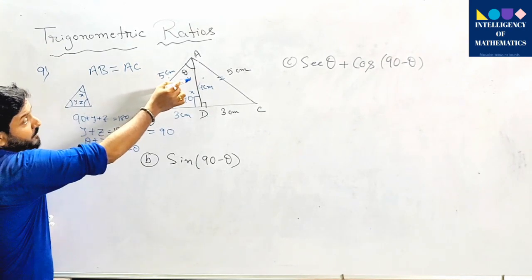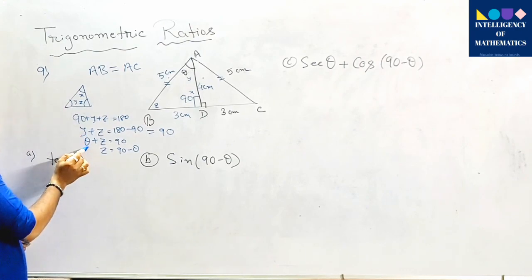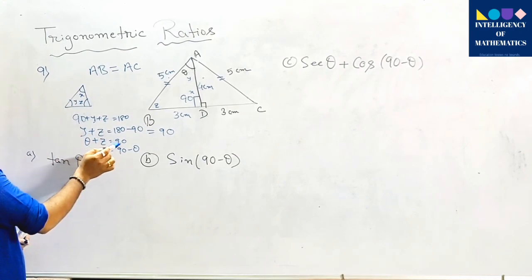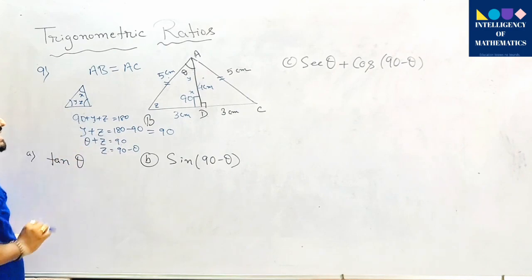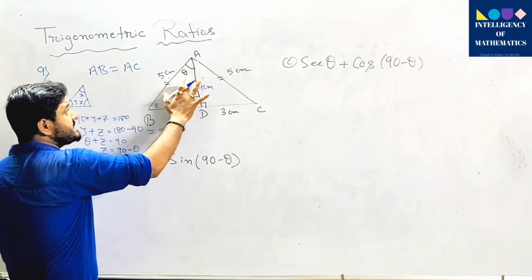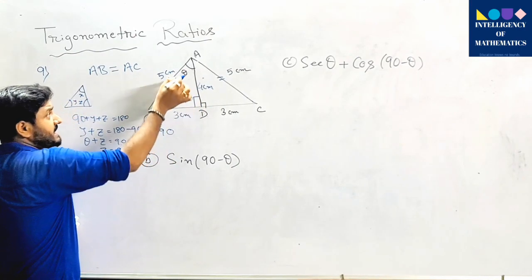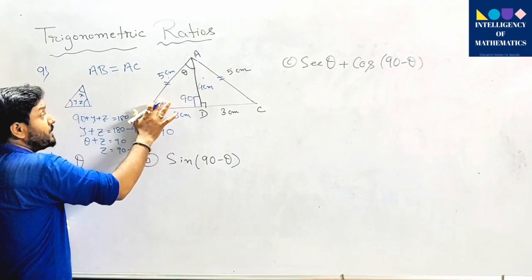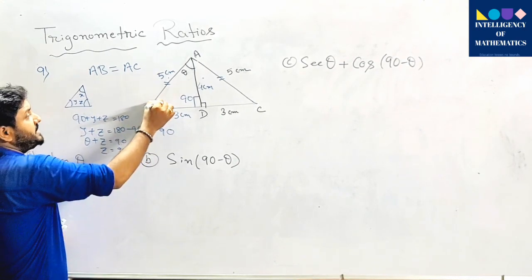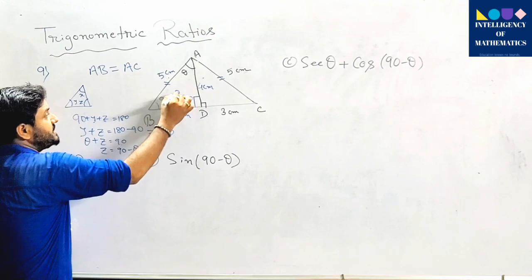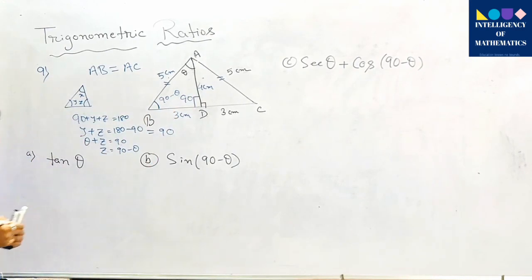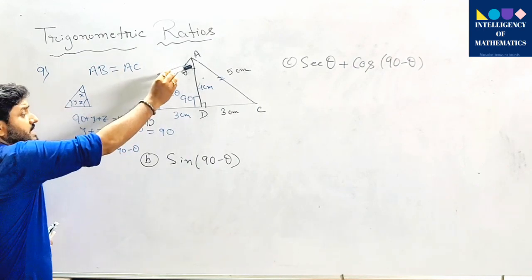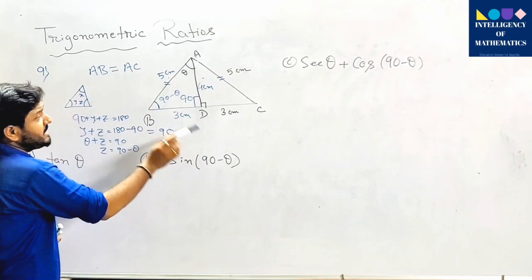The y part is theta, so y plus theta we have written. So z is 90 and theta is shifted, so 90 minus theta. I mean to say that this angle is 90, this is theta, and this z is supposed to be 90 minus theta. Now the conclusion is, if theta is there, we will consider this angle. If 90 degree minus theta is there, we will consider this angle.